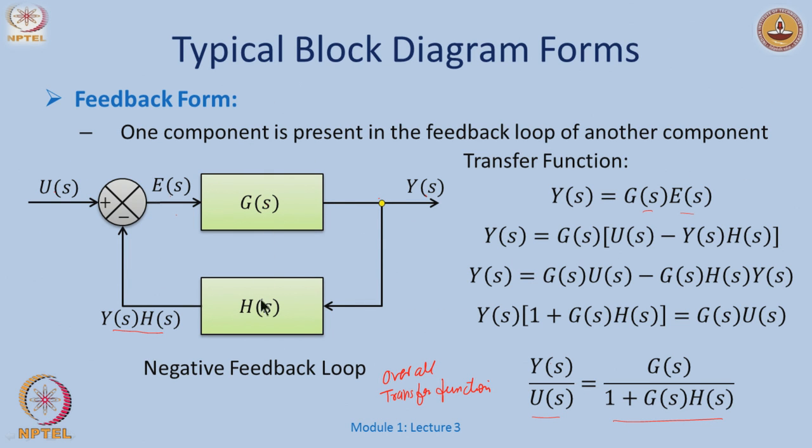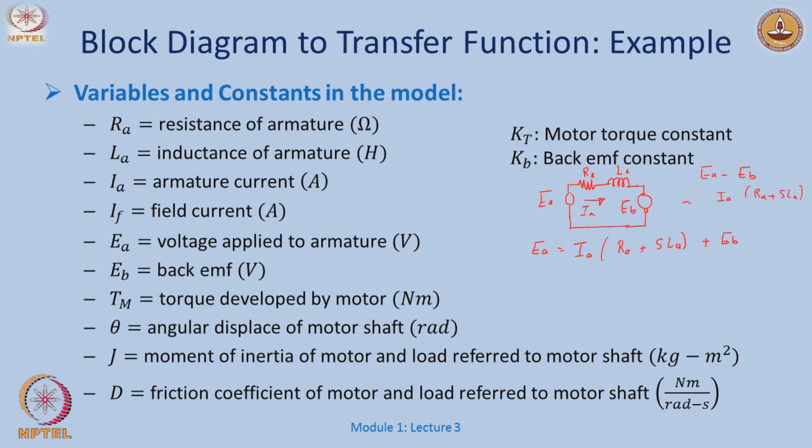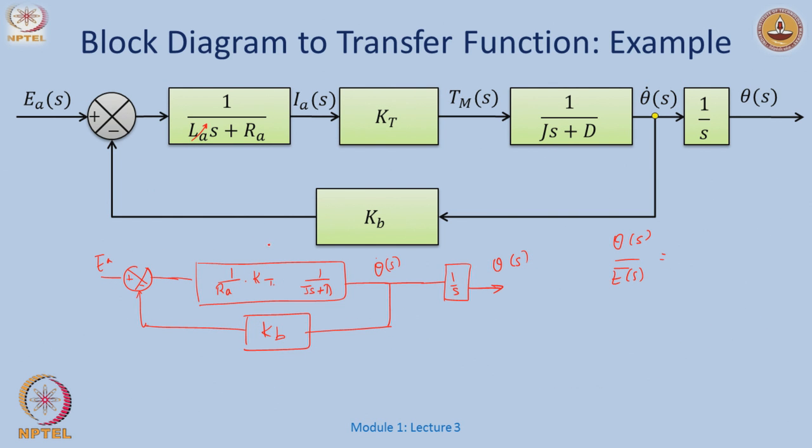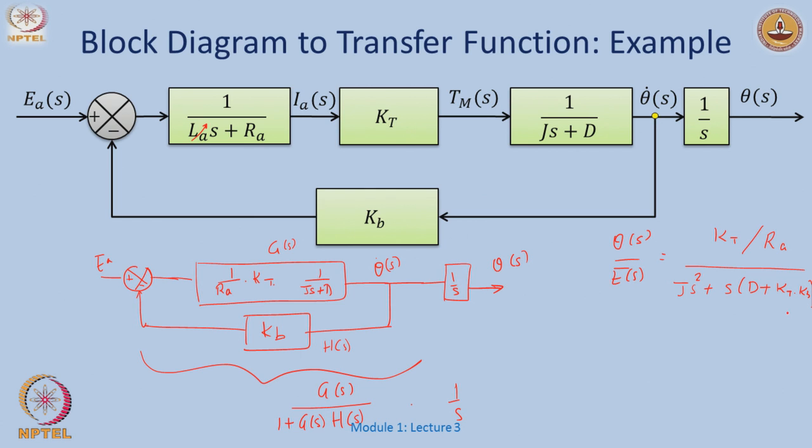Here I have G of S over 1 plus G of S times H of S. So let me call this G of S, and I call this H of S. My overall block here would look like G of S over 1 plus G of S H of S, and then this would be multiplied by 1 over S. I can just write down the final expression, a straightforward computation: KT over RA over JS square plus S D plus KT times KB, the entire thing multiplied by RA.